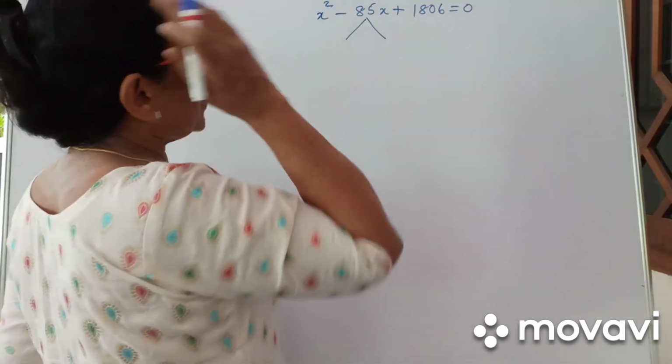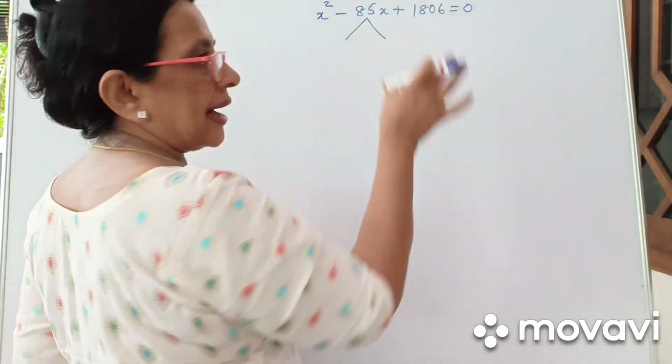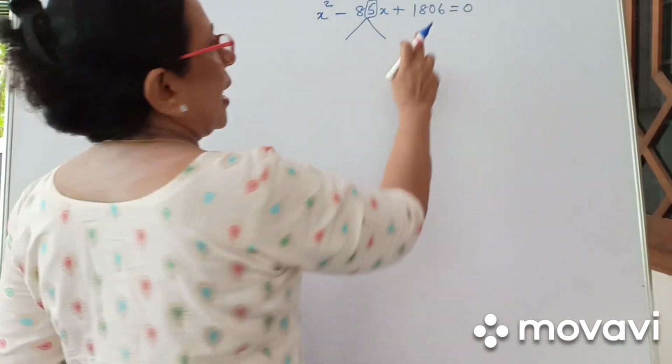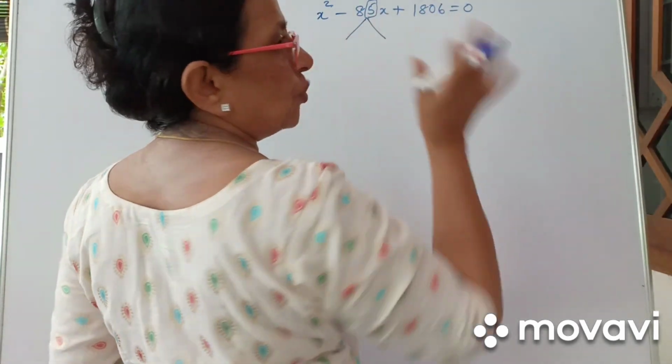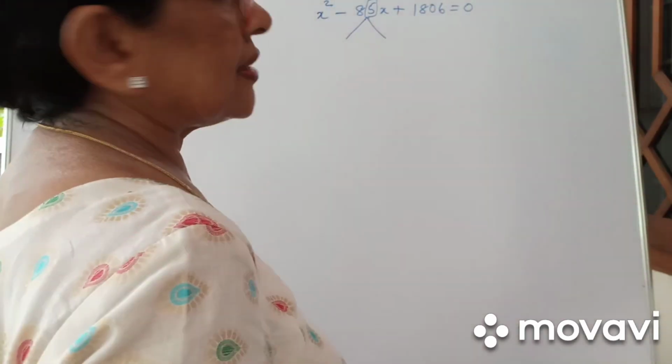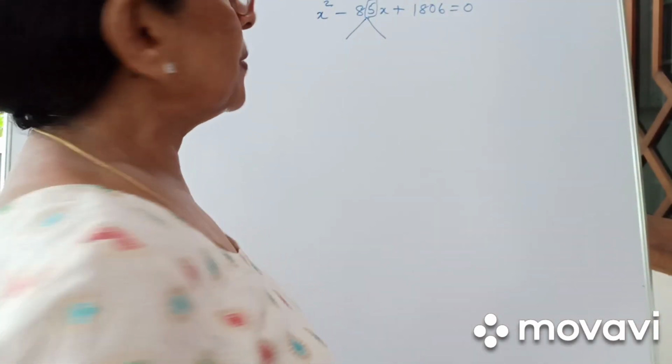So these numbers, when they add up, should have 5 in the units place, and when you multiply them it should have 6. So what are the numbers? Can you just tell me?